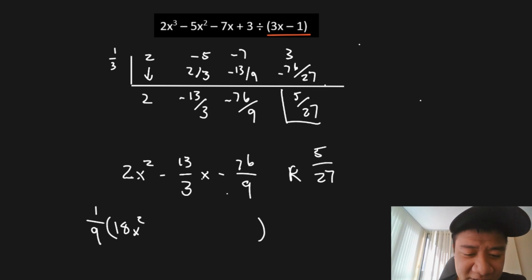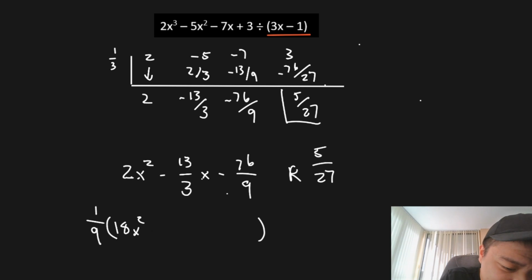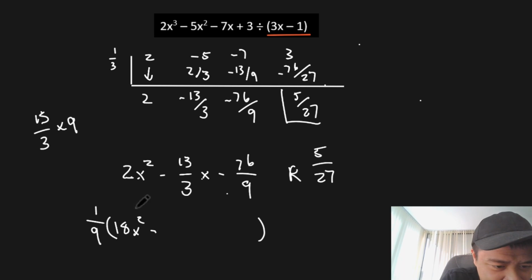Okay, and then 13 over 3 divided by 1 over 9 is the same as 13 over 3 times 9. So let's do this by hand, not to mess this up. These cancel each other out, and then we have 13 times 3.